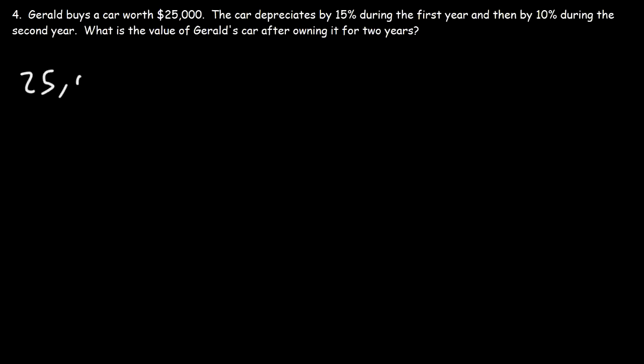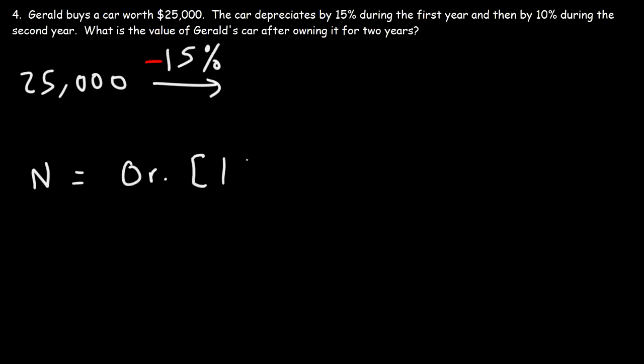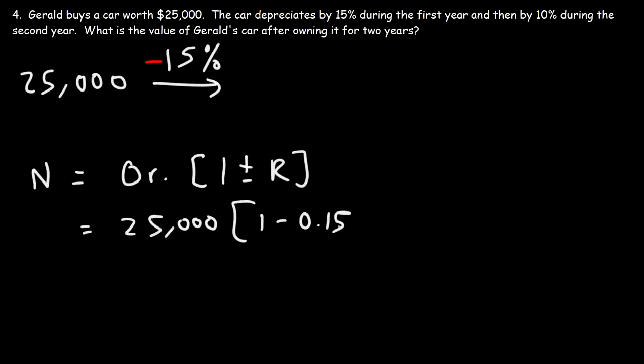So first, we need to decrease the car value by 15%. So this would be the same as solving a percent discount problem. So we could use the formula, the new value is equal to the original value times 1 plus or minus r. So the original value is 25,000. Since this is basically a percent decrease, we're going to use the negative sign. 15 divided by 100 is 0.15.